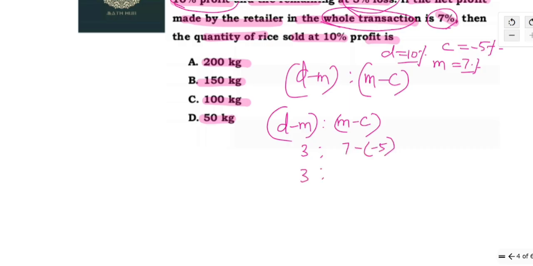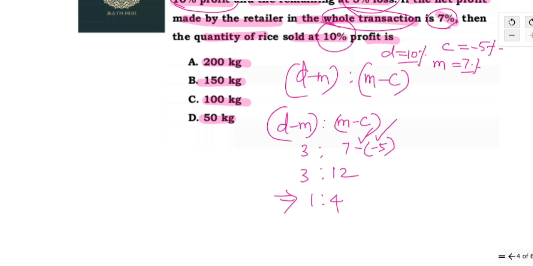That means 3 is to 12 we are getting. So we can simplify this further. That will be reduced as 1 is to 4. Please remember, negative times negative will give us plus. So 7 plus 5 is 12.